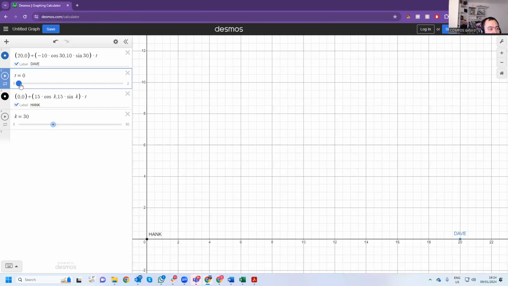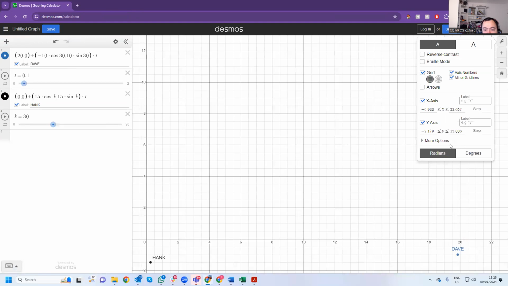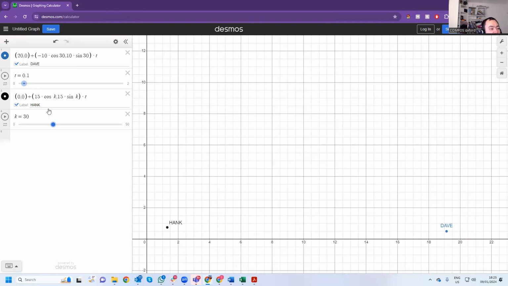Why are they running downwards? Oh, we are not in degrees, of course. We are in radians. We need to be in degrees. Okay, that makes more sense. Now they're running.